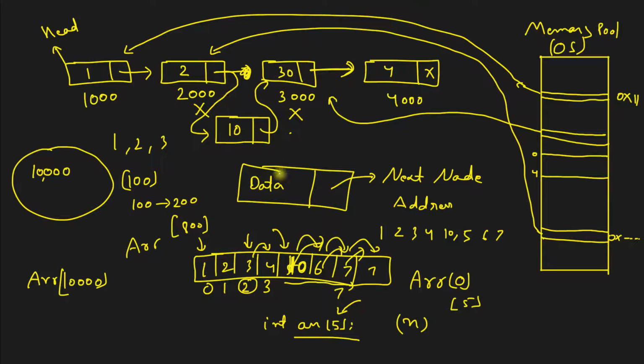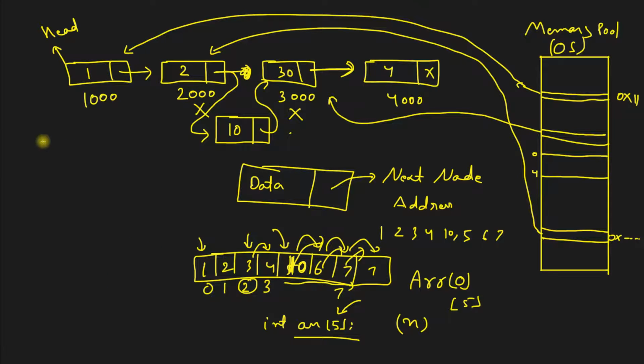So what I'm telling is, let's suppose you want to create an array of maybe 100 size. This can be very big, but for simplicity I'm taking 100, and let's suppose there is a linked list which also has 100 elements.